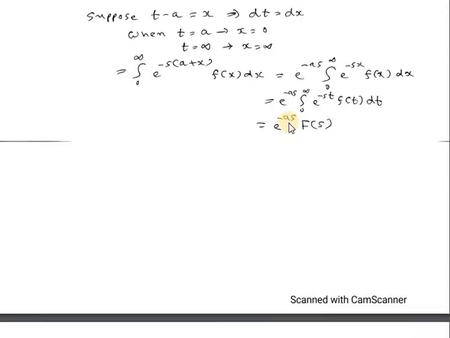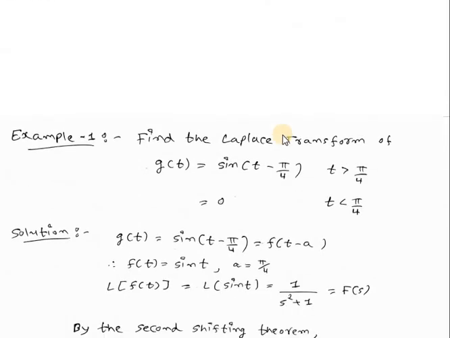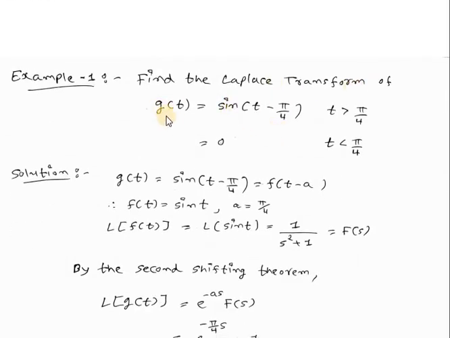Now let us discuss first example. Find the Laplace transform of g of t is equal to sine (t minus pi by 4) where t greater than pi by 4, and is equal to 0 where t less than pi by 4. So here g of t is equal to sine (t minus pi by 4), which is f of t minus a.